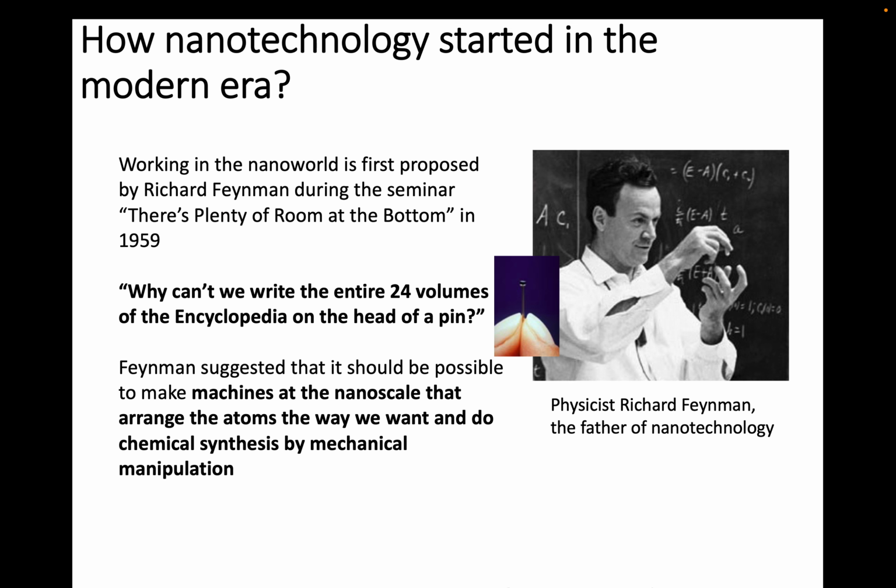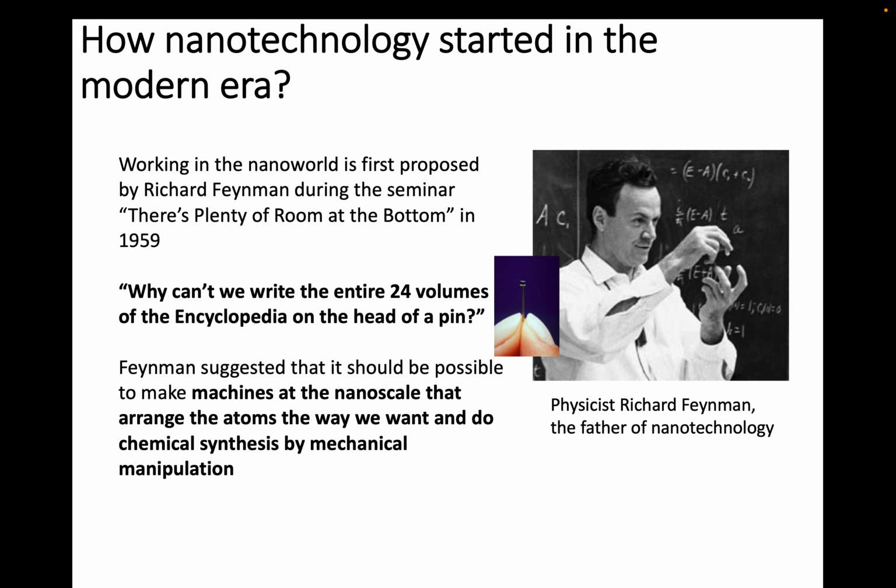Then another question you may have is, how did this nanotechnology start, right? This goes back to 1959, okay, when physicist Richard Feynman gave a seminar, and he asked the audience, can we write the entire 24 volumes of the encyclopedia on the head of a pin?